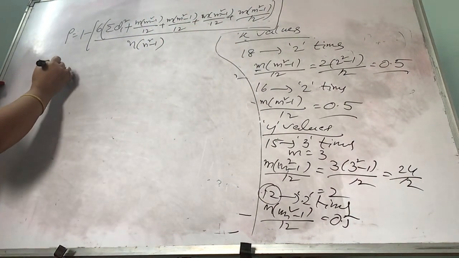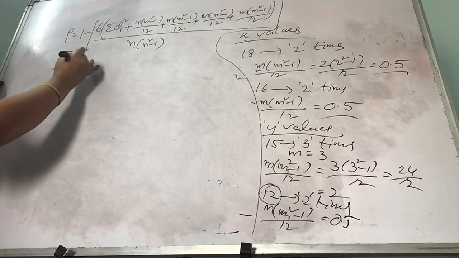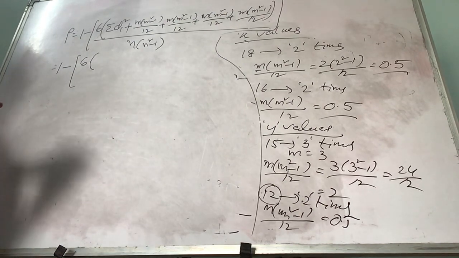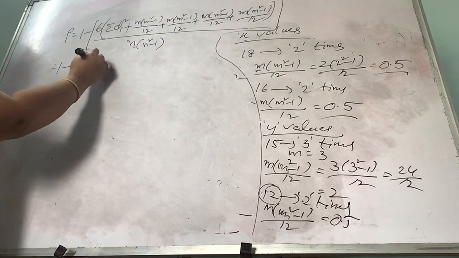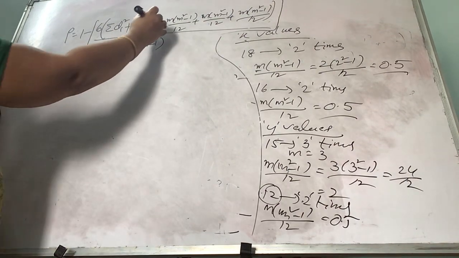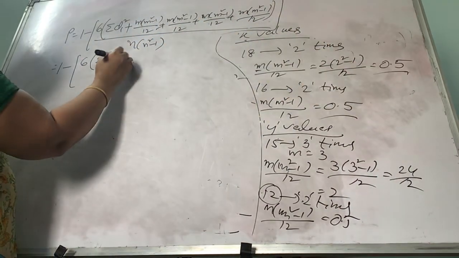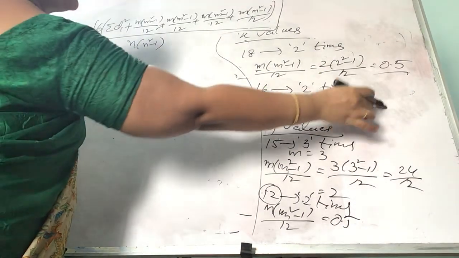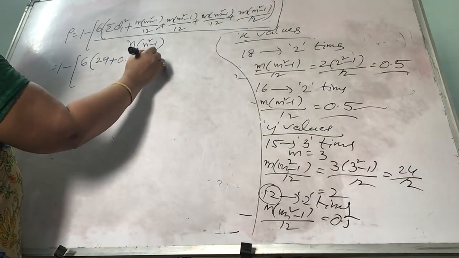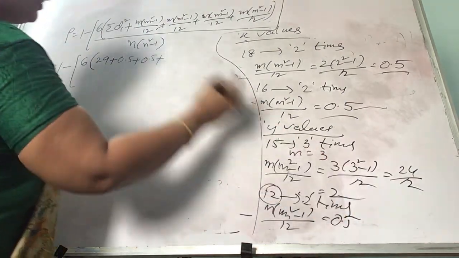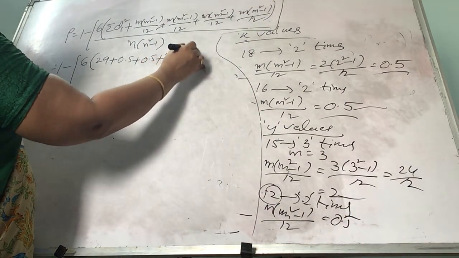Now we substitute all these values. 1 minus 6 into summation of di square, which is 29, plus the first factor value 0.5, second factor value also 0.5, third factor value 2 and fourth factor 0.5, divided by n into n square minus 1.